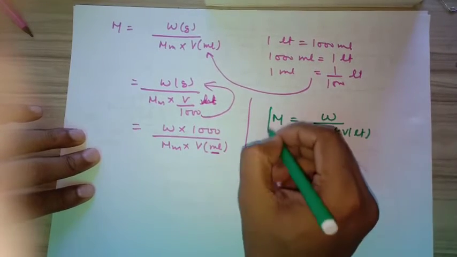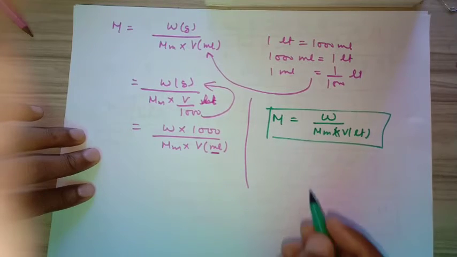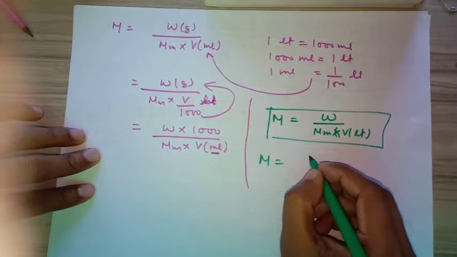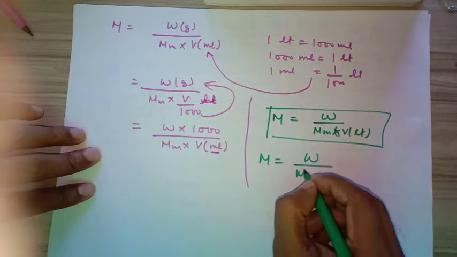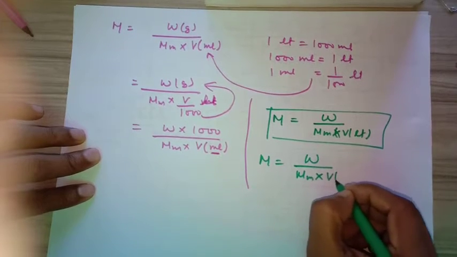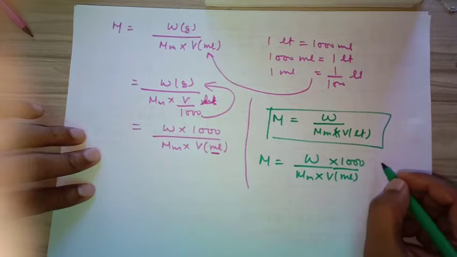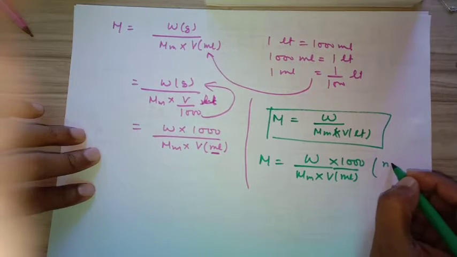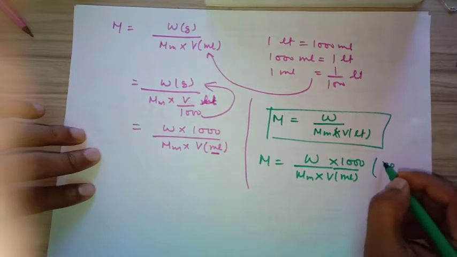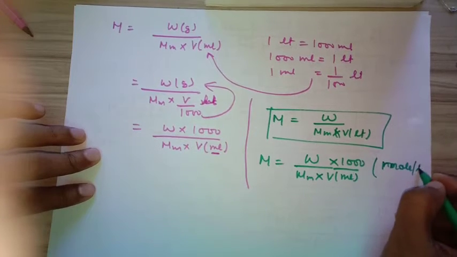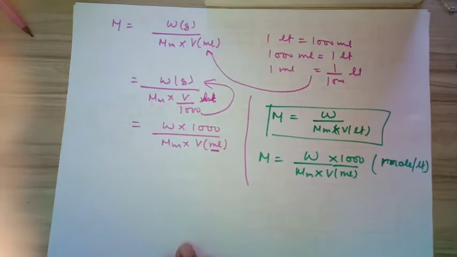We can directly write it as this, or M is equal to W upon mm, volume in terms of ml, and over here it will be 1000. But the answer will come out to be number of moles per liter, that is mole per liter only. So in this way molarity can be expressed.